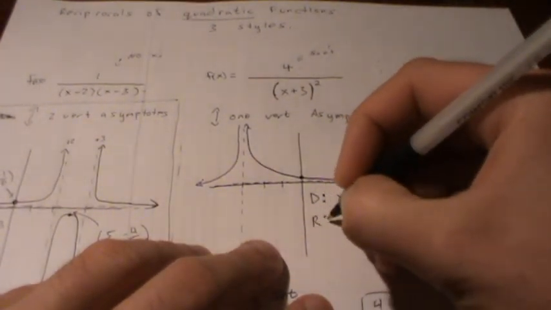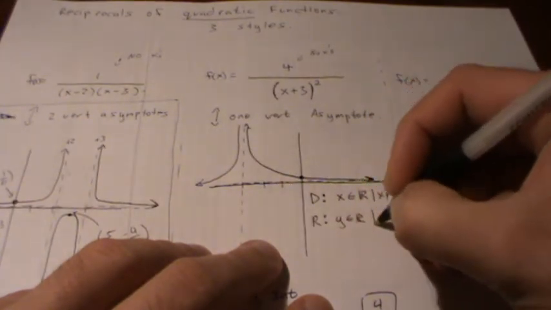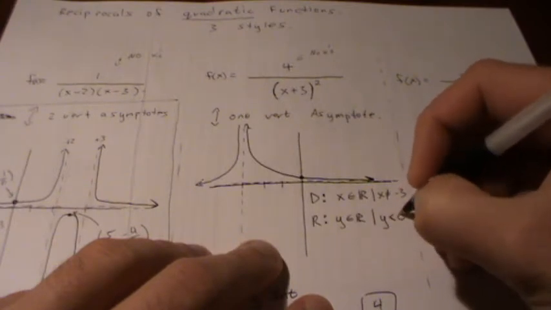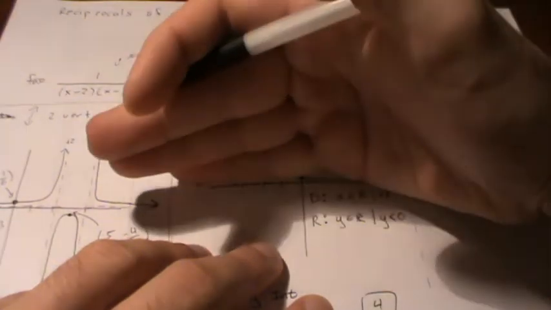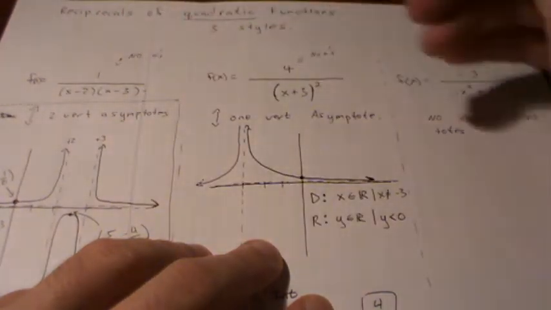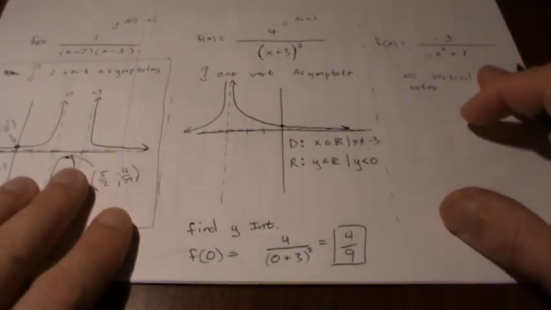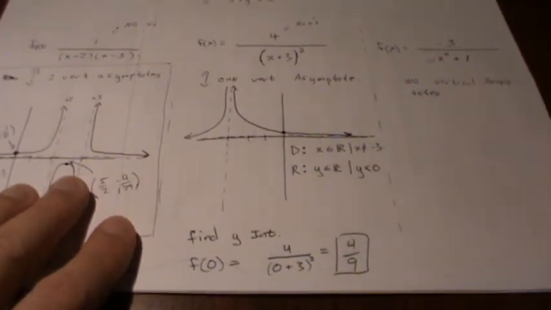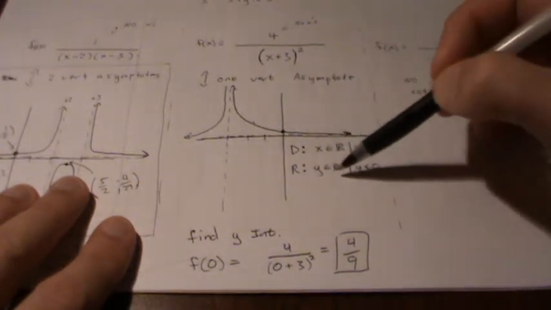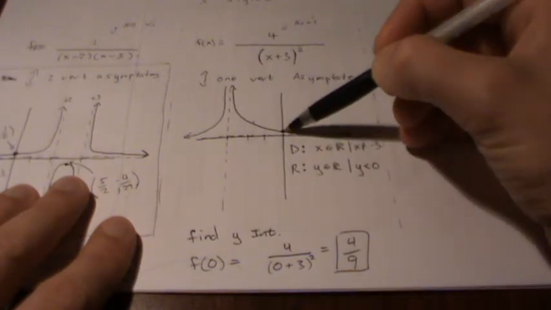And the range is y is a real number such that y is greater than 0. Because notice the graph exists in the greater than 0 section. And this one is done. That's all we really need to find that one. You need to be able to sketch a graph and make the domain and the range. And you'll want to find the y-intercept as well.